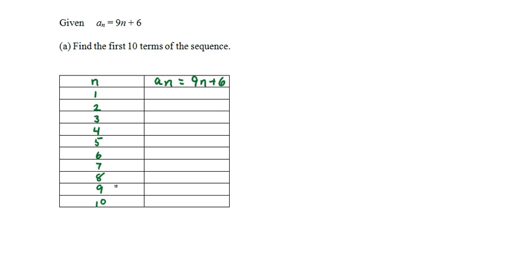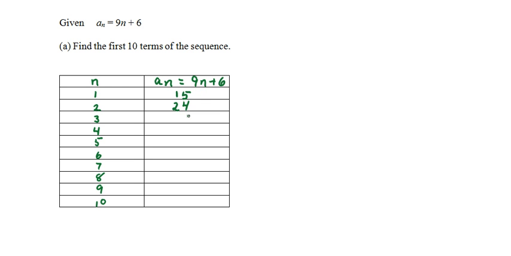So the first term will be 9 times 1 plus 6, which is 15. The second term, 9 times 2 plus 6, 18 plus 6 is 24.